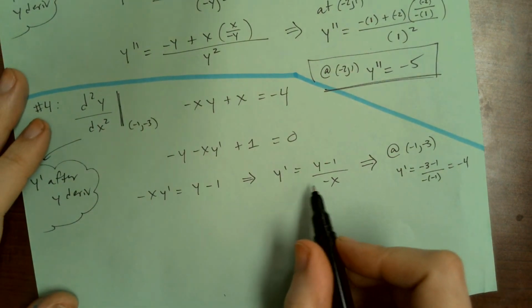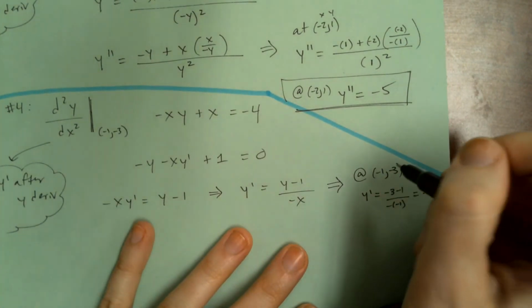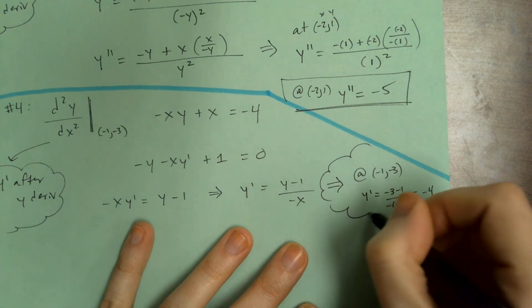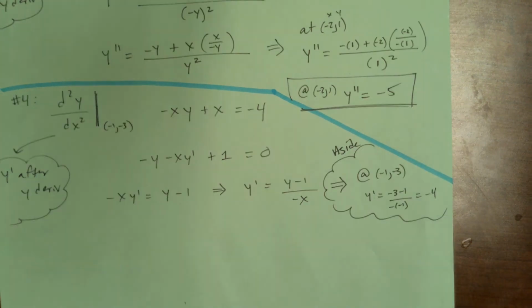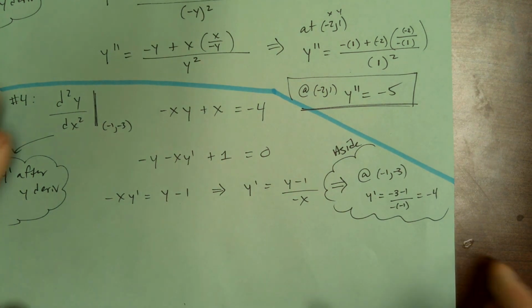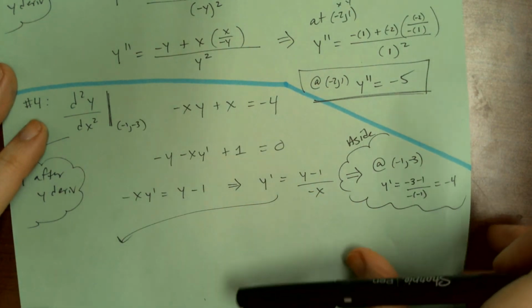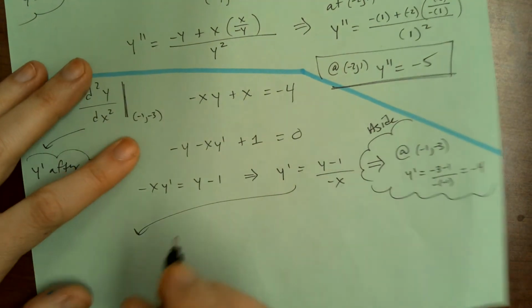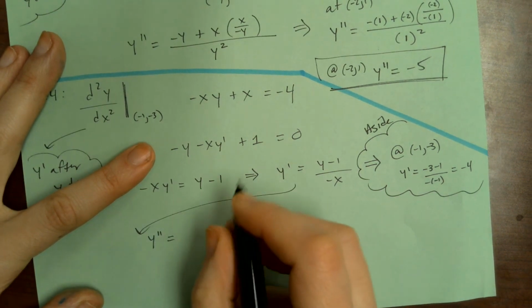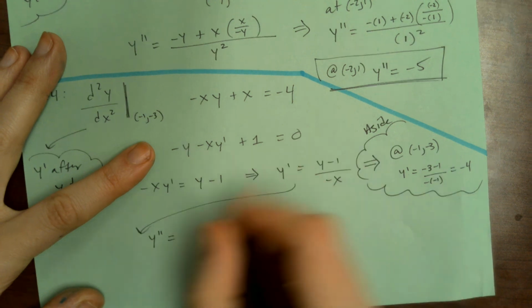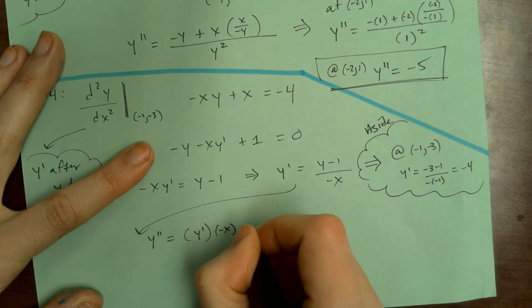All right, so now I'm going to use quotient rule on this. Let me section that off. That's kind of a little aside that I'm going to hold on to for later. So now I need quotient rule. So y double prime is the derivative of the top, which is y prime, here's the bottom.